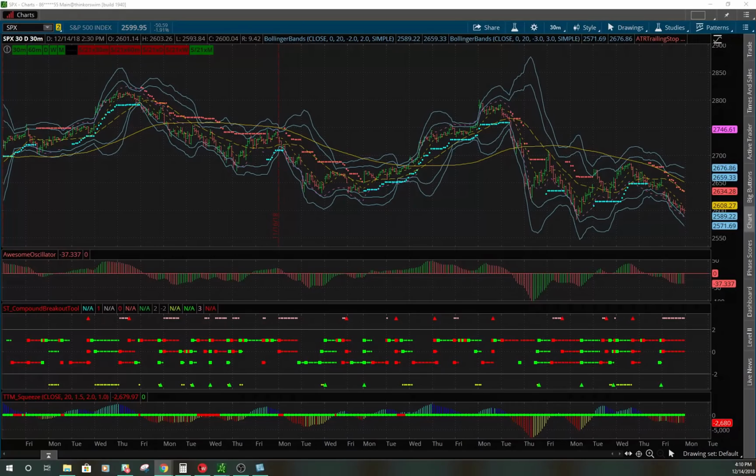And whenever I was talking with one of my coworkers downstairs, we were actually looking at these two indicators side by side, and sometimes they didn't line up. But other times when they did line up, when that compound breakout tool lined up with the Ready, Aim, Fire signal, it usually made for a very nice trade, at least looking in hindsight whenever we were looking at the charts. So like I said, when indicators line up with each other, that to me just makes for a better entry overall.